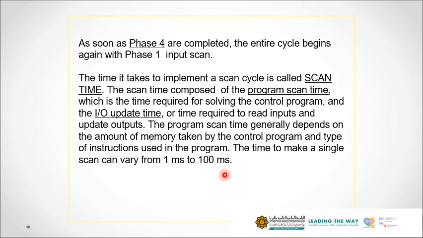Now if you have some input that is changing faster than this speed, then this particular PLC will not be able to detect that change, because it has to do the first scan, then go through this whole cycle of operation, and only then can it detect the second change.